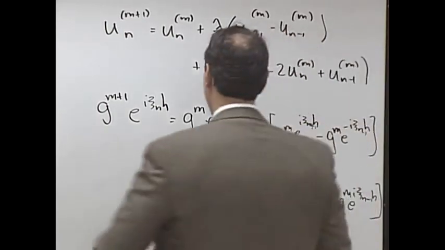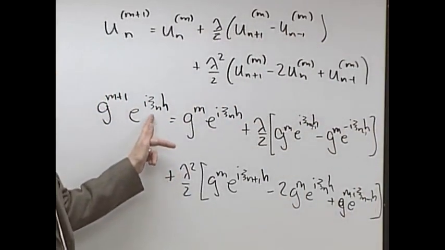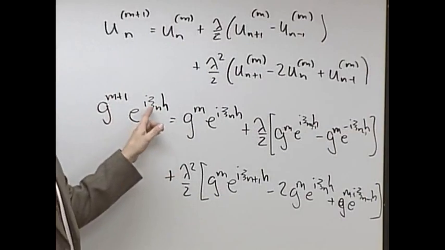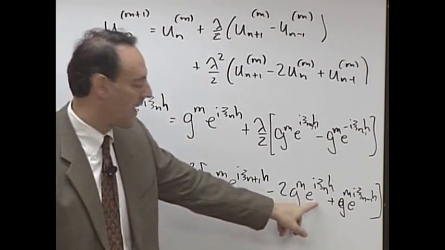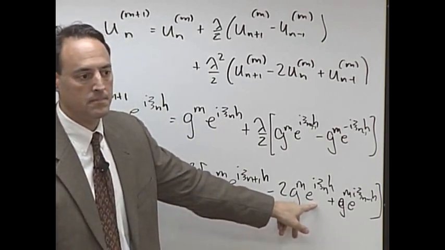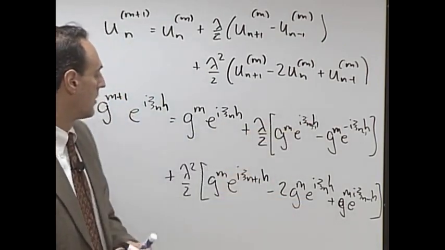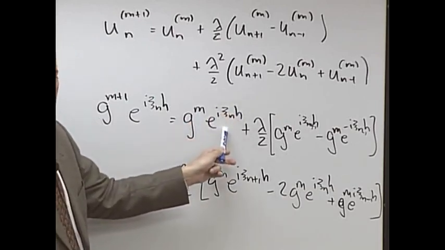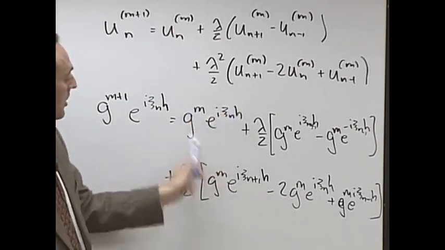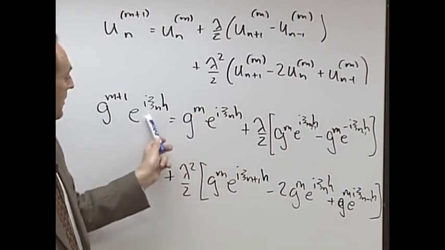Now, I can also multiply through by e to the minus I c of n h. It's going to cancel this one, and that one, and then give me some differences for the others. So I've already divided by g of m. I've multiplied this by e to the minus, so this is going to be all 1 here. That's going to go away.